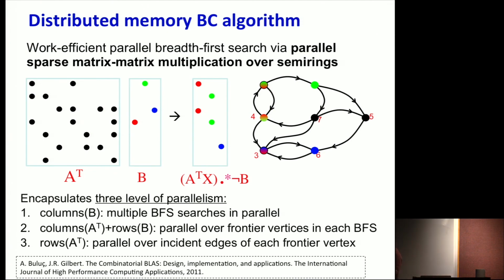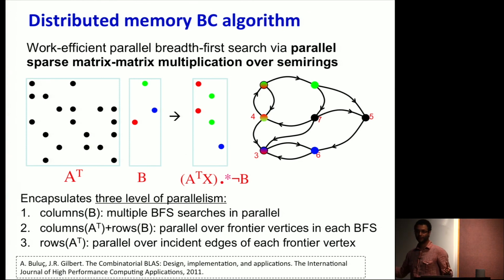encapsulates three different levels of parallelism into one operation, and you don't need to think about them yourself. The columns of B encapsulate the parallelism across breadth-first searches. Like three different starting vertices, there will be three levels of parallelism here. In practice, there'll be thousands of starting vertices. The columns of A transpose and the rows of B will parallelize over the frontier vertices.